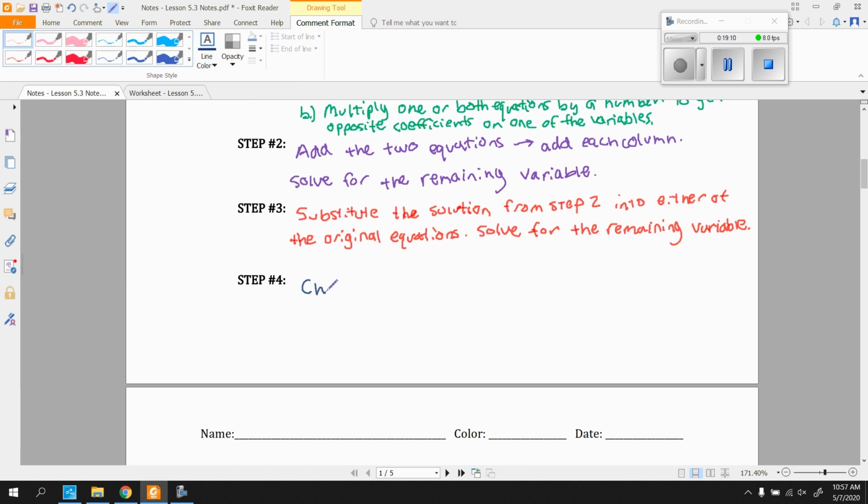Check your solution by plugging x and y values into original equations.